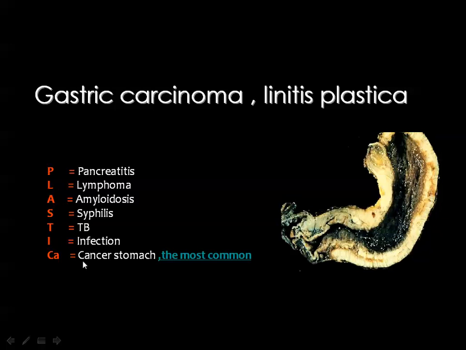This has been quoted from the internet, and you can see that these lesions can produce the appearance of diffuse gastric thickening and reduction of the gastric lumen, which is known as linitis plastica.